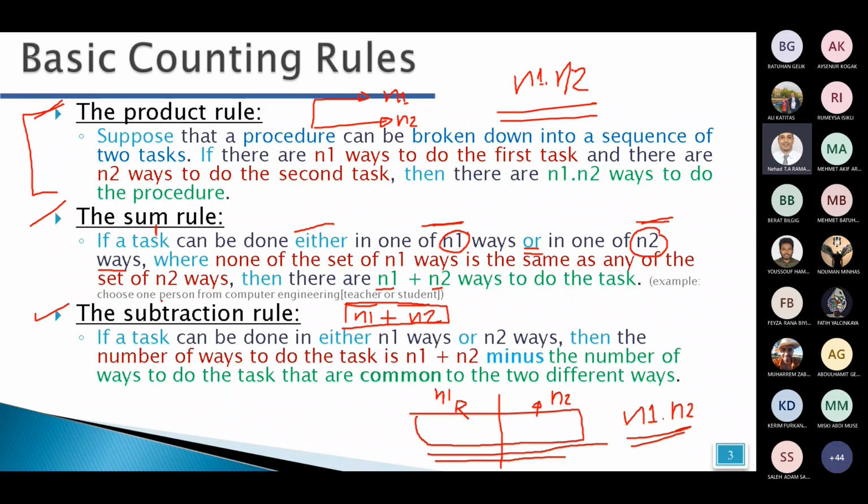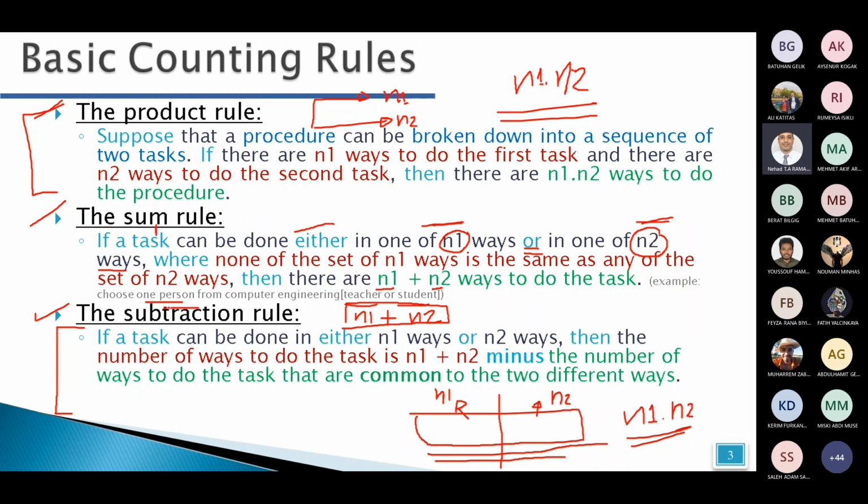What's the task? Choose one person from computer engineering, from students or from teachers. So summation rule here, we have 2 groups of ways and there is no intersection between these ways. For example here, a teacher cannot be a student, a student cannot be a teacher. If there is intersection, then we can apply the subtraction rule.